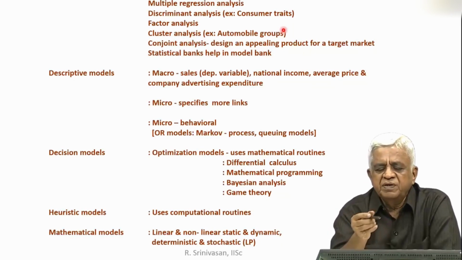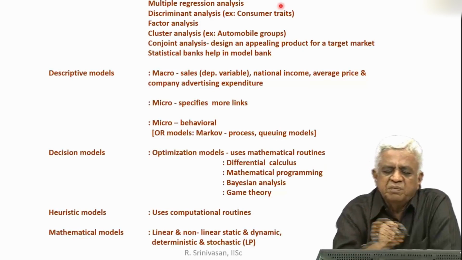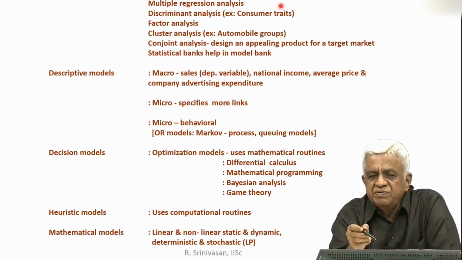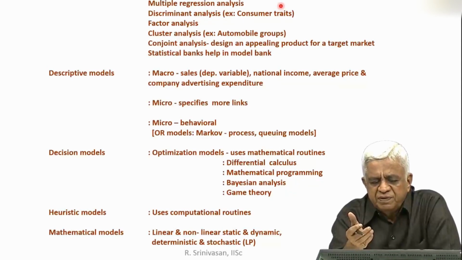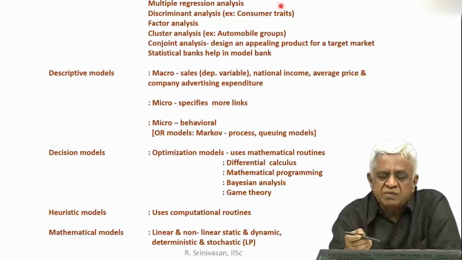Some of the products may be luxury products, some of the products may be essential products. So these different traits are really captured using discriminant analysis, which also makes use of multiple regression incidentally. Okay. And the third one which we do is factor analysis.